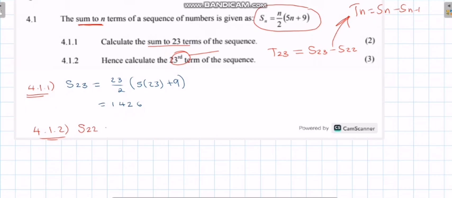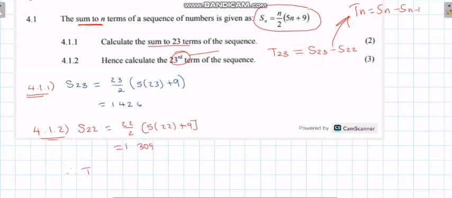Sum of 22 terms, where you see n, you put 22 over 2 into 2 times 5 into 22 plus 9. Then we punch on our calculator. And then our answer is 1309.